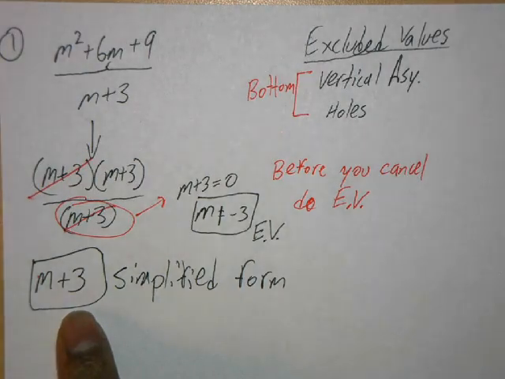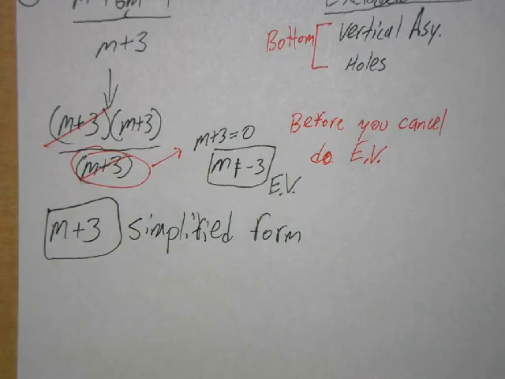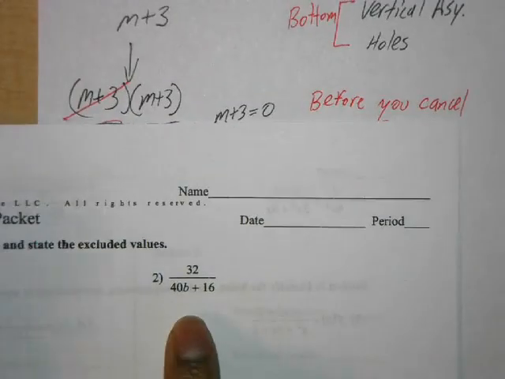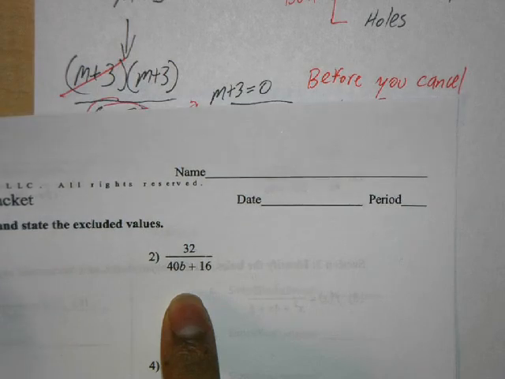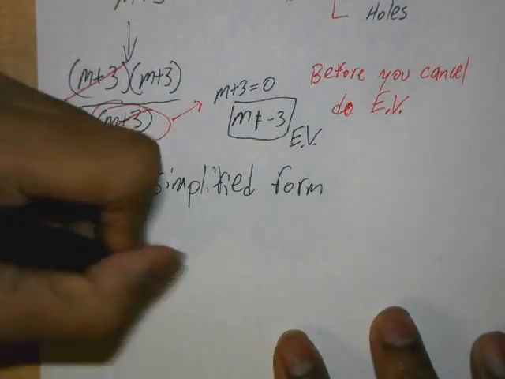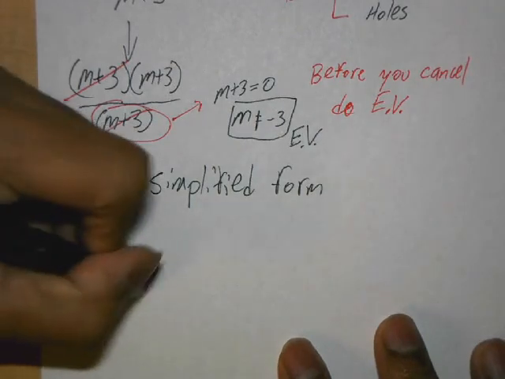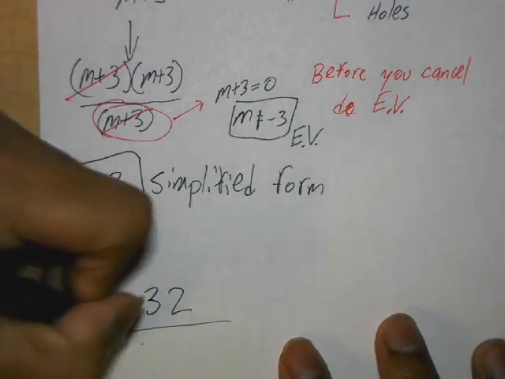Okay, now let me give you a couple of hints on some of the other problems. Problem number 2 right here: 32 over 40b minus 16. For number 2, you're going to want to use a GCF. So let's make a note of that.